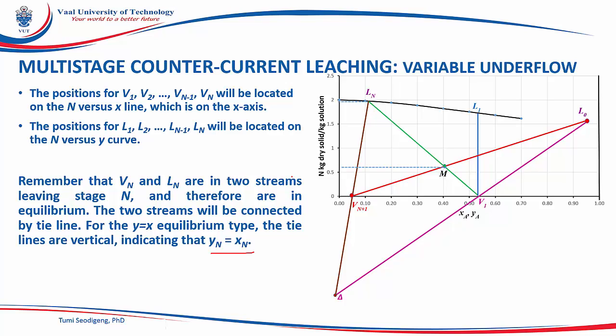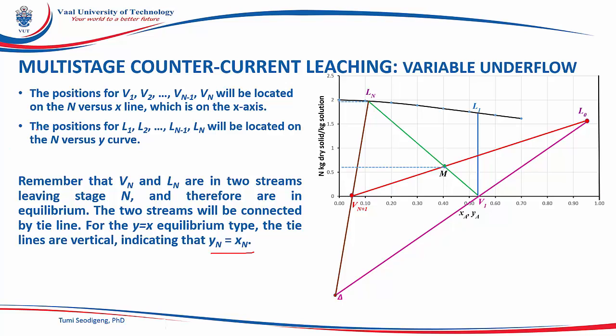Furthermore, let us state the following to make the next step easier to understand. The positions of V1, V2, Vn minus 1, and Vn will be located on the n versus x line, which is on the x-axis. Remember, the n versus x line is on the x-axis where n is equal to 0.